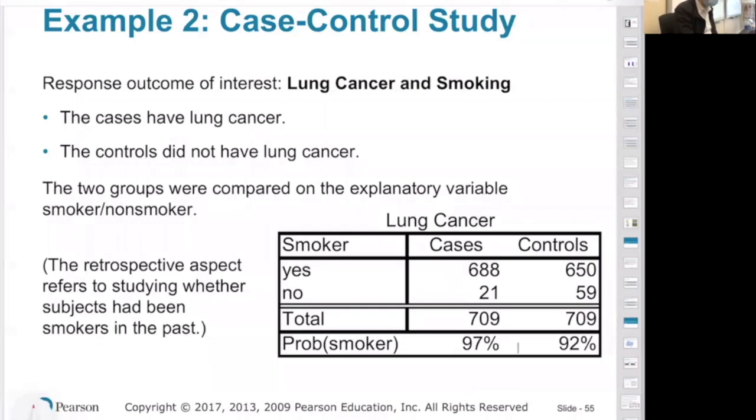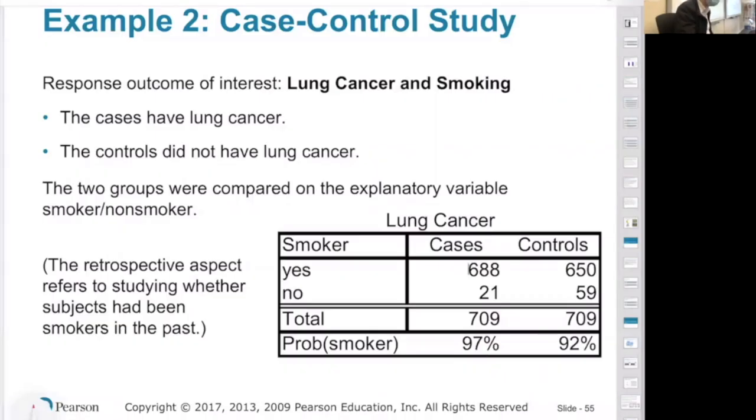As you can see here, this table shows that the proportion of smokers among the cases that have lung cancer is 97%, and for the controls, which means these people don't have lung cancer, it's 96%. So how can we calculate these percentages?